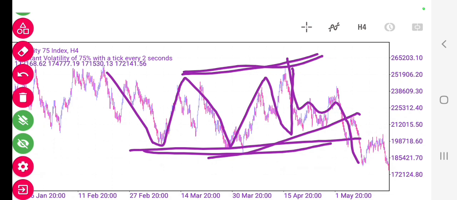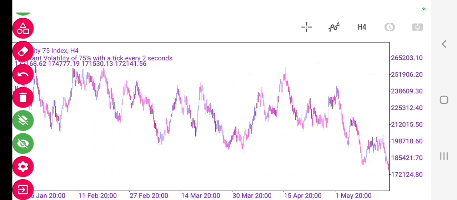When we are in H4, this is enough for us to understand that when the market breaks the previous swing low, immediately we understand that we are no longer looking for the buys, we are looking for the sells.